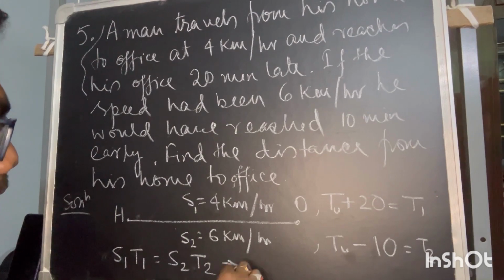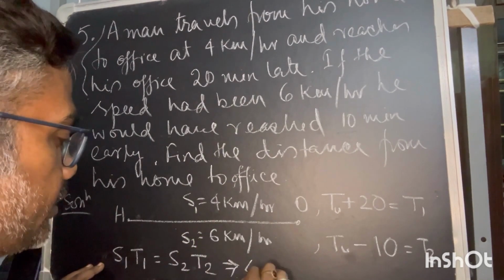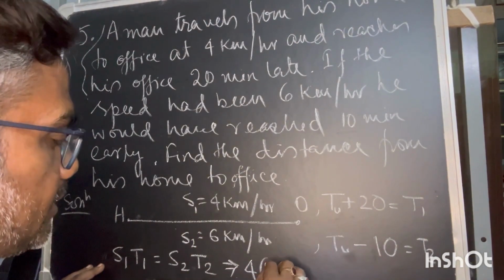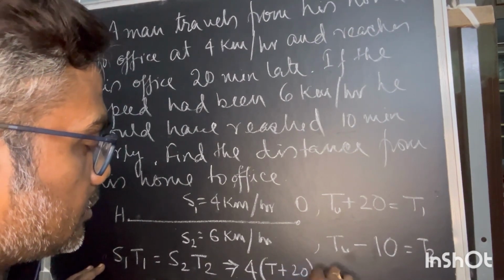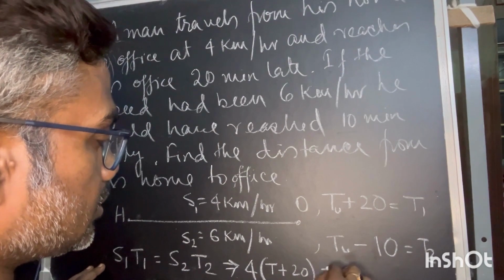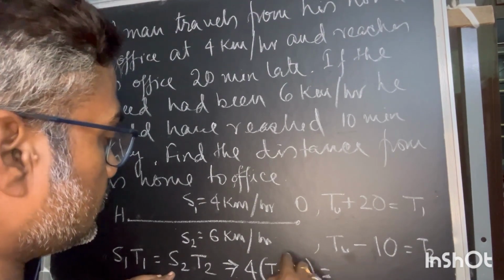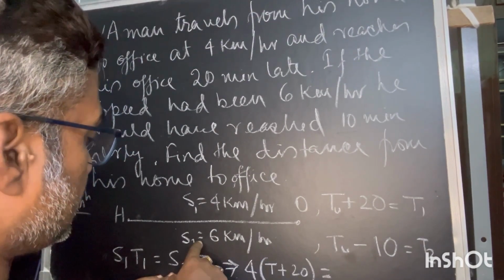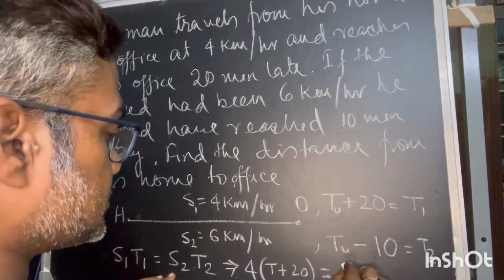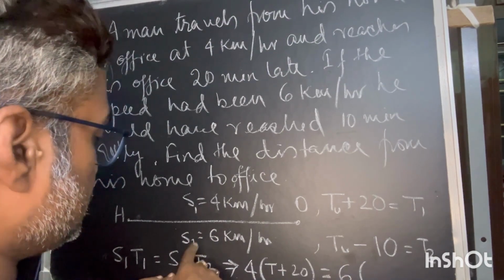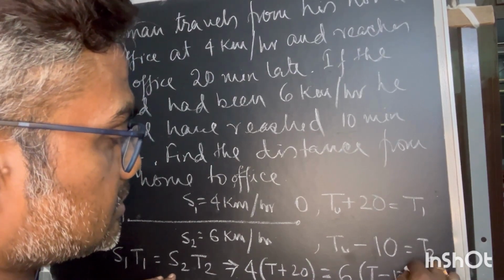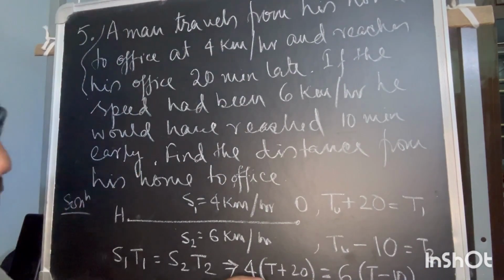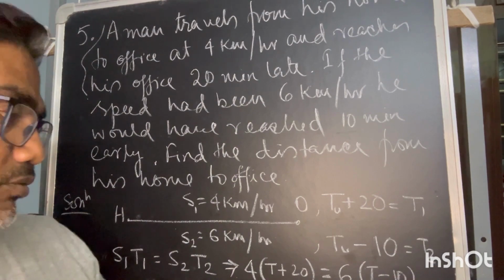So from there I can say that 4 into T, instead of TU I am writing only T, just to give it a good look. I am not writing T2, instead of that I am writing T only. So this is 6, because S2 is 6, and time is T minus 10. So this is one variable, one equation.